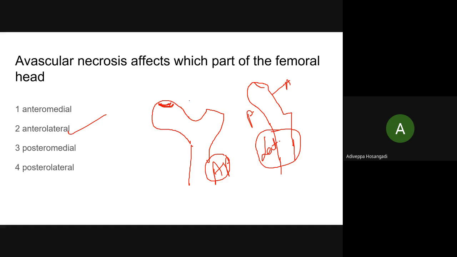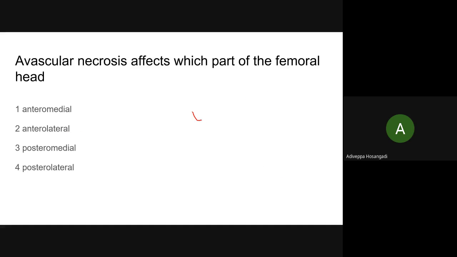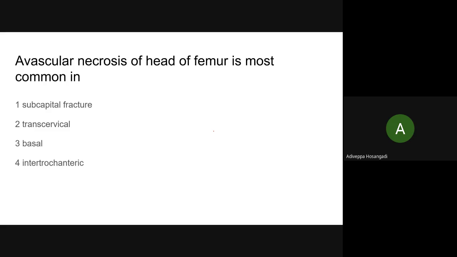In the AP X-ray you can see medial and lateral. So no doubt about that. You remember it is the anterolateral weight bearing portion of the femoral head which is affected early and which goes for avascular necrosis.